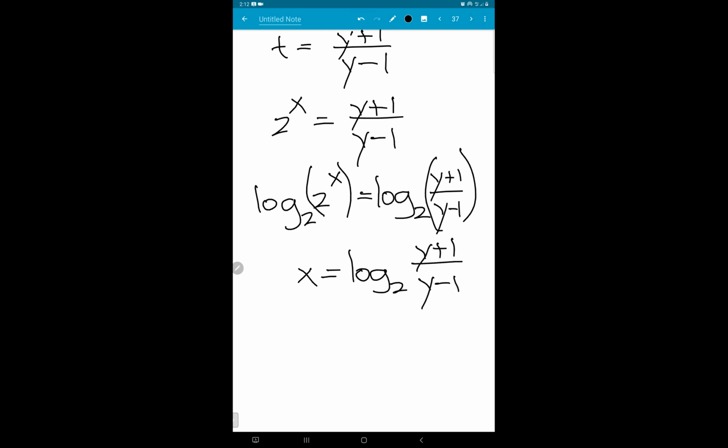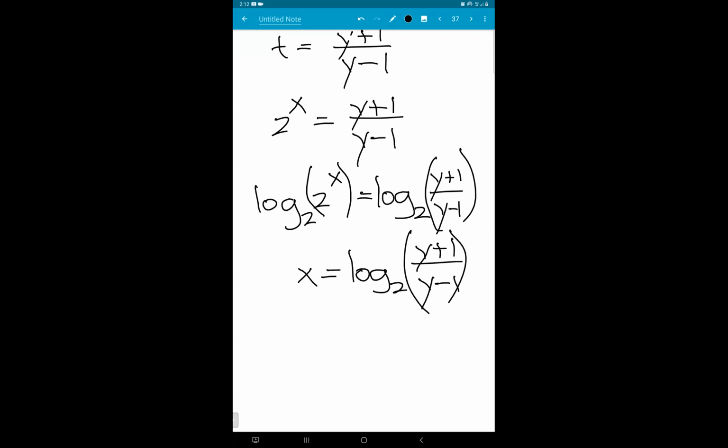This is one way to get x, and that is acceptable as a final answer. Now, if this were a multiple choice question, then it might not appear. You tried to do it this way, and you look at the choices, and you don't see it. Maybe it was solved another way.